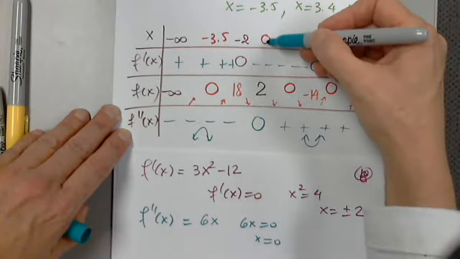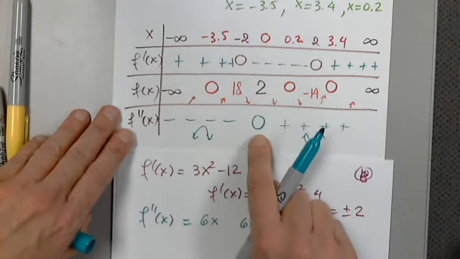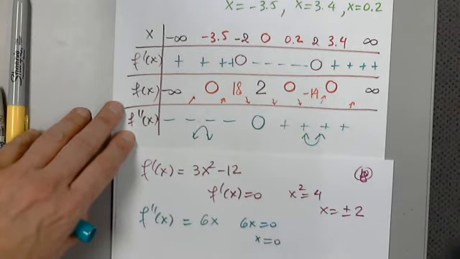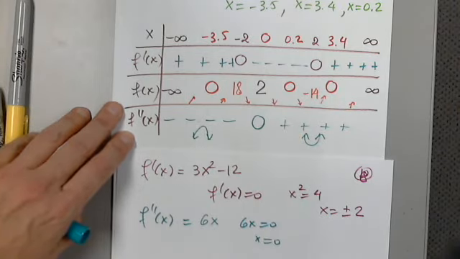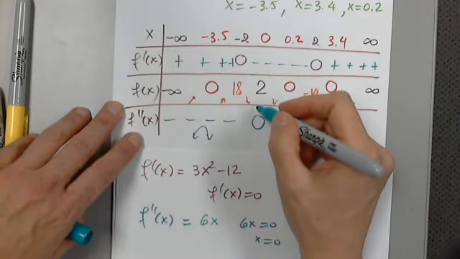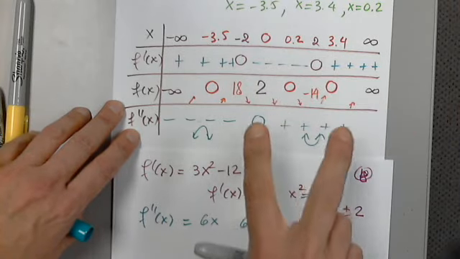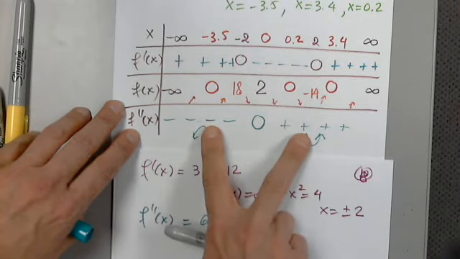What type of point is (0, 2) when the second derivative is 0 and it changes sign?